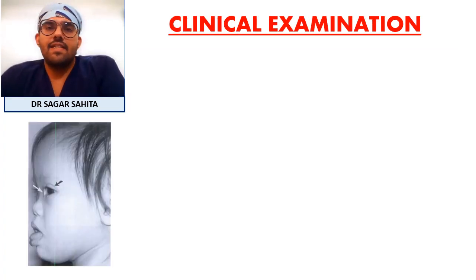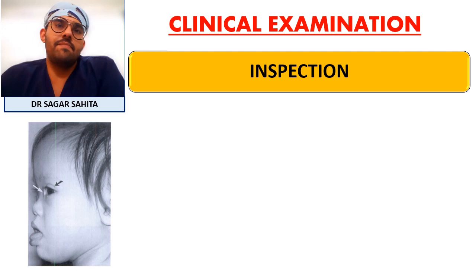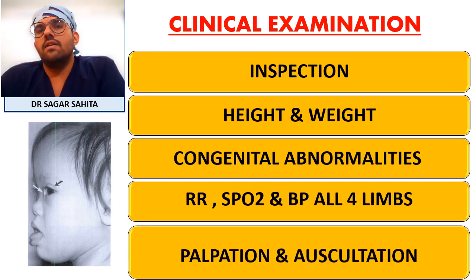As far as clinical examination is concerned, on inspection, we should try to see whether there are any obvious signs of other congenital abnormalities or congestive cardiac failure or clubbing. We should note the height and weight because usually children with congenital heart disease have less height and weight compared to other children their age.